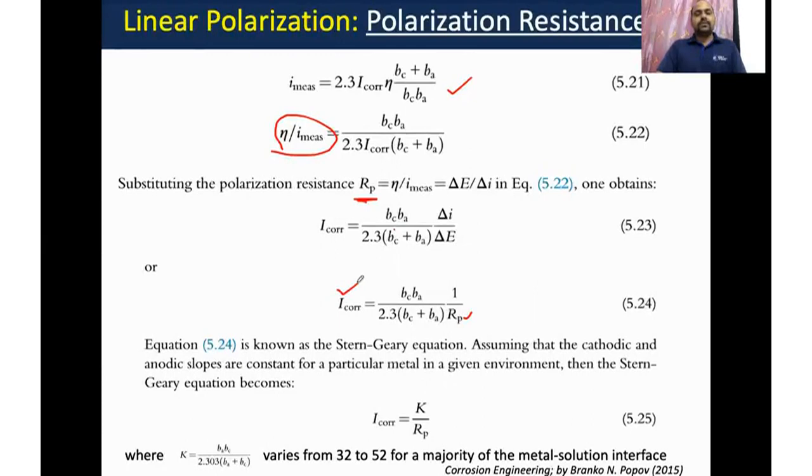The current can be directly converted into the mass of the lost material by using Faraday's law. If you remember, Faraday's law says Q equals N F W over M, where N is the number of electrons taking part, F is the Faraday constant, W is the weight of the species, and M is the molecular weight.